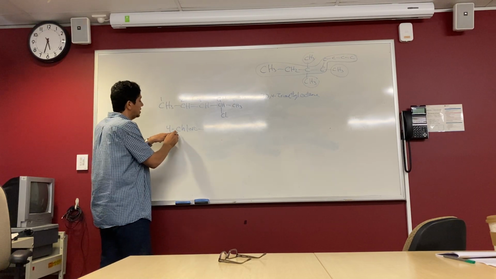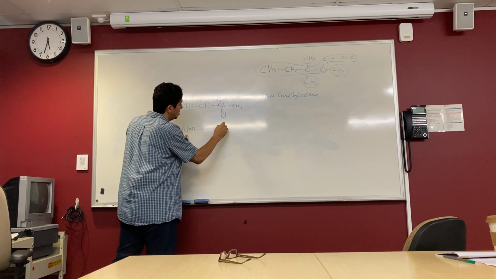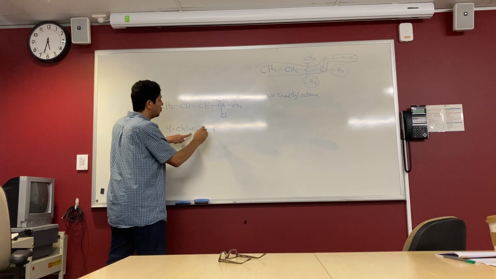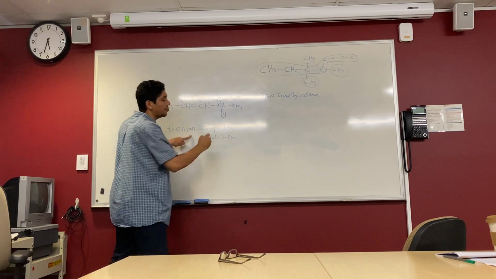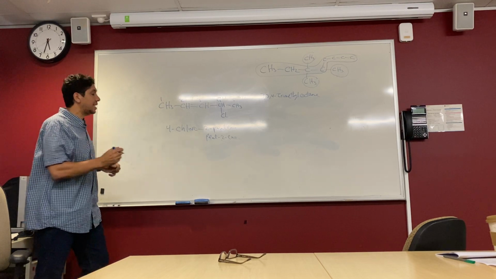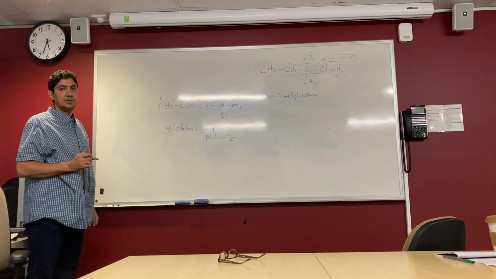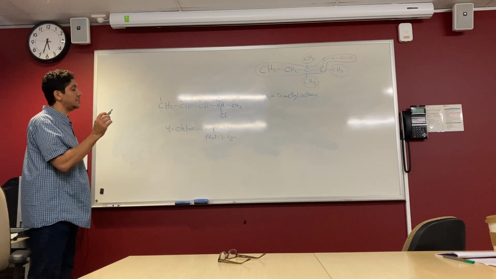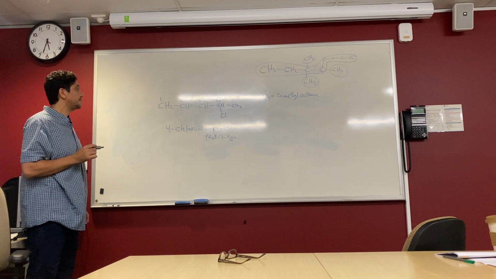We can say 4 chloro 2 pentene, or 4 chloro pent 2 ene. Both are correct. Okay? Because ene represents the double bond. So we can say 4 chloro 2 pentene or 4 chloro pent 2 ene. Okay?